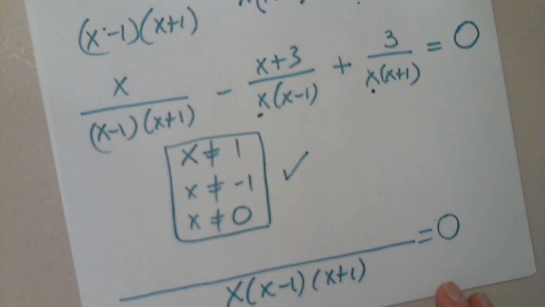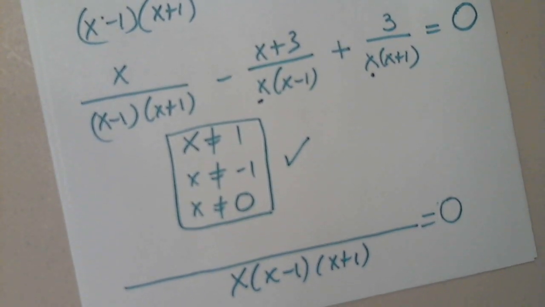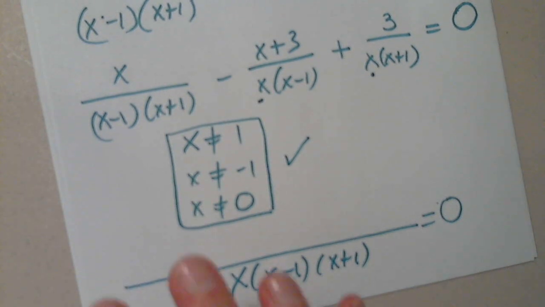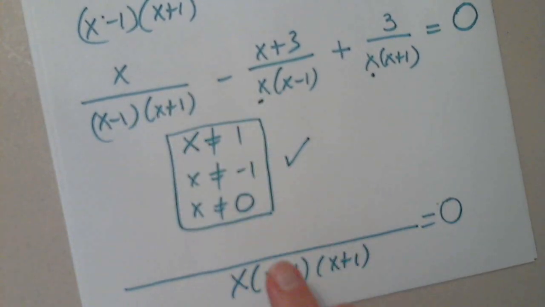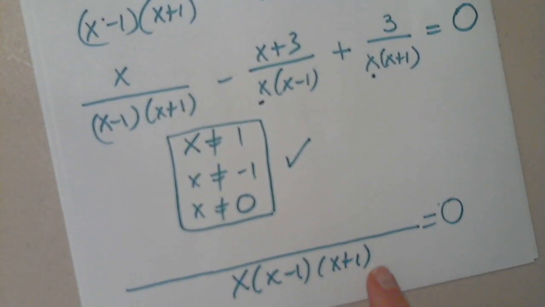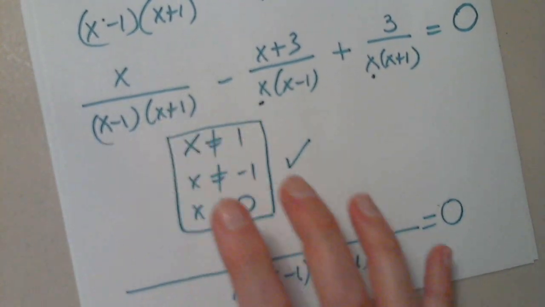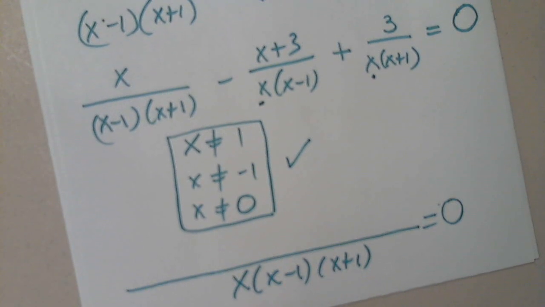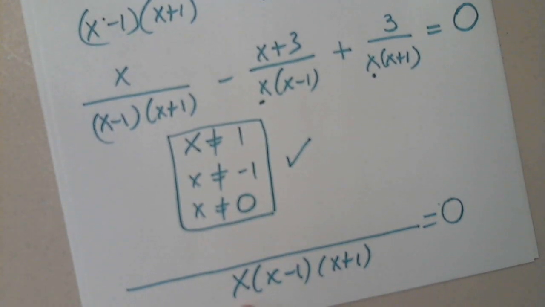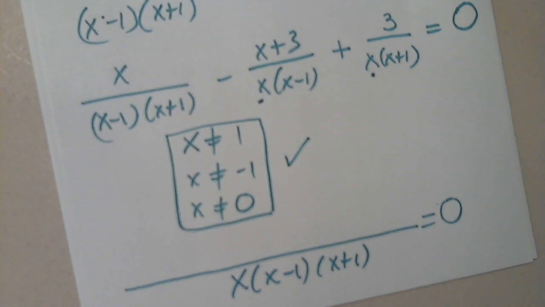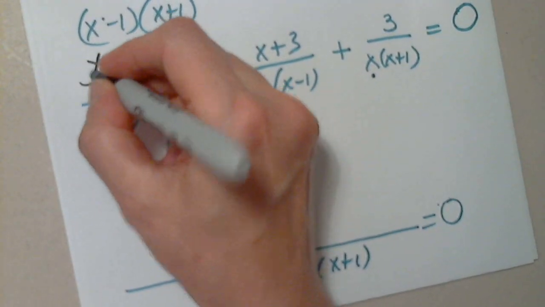Very good. Excellent. So, next step. X minus 1 times x plus 1 was multiplied by what? Was multiplied by x. That's why the numerator has to be multiplied by x.